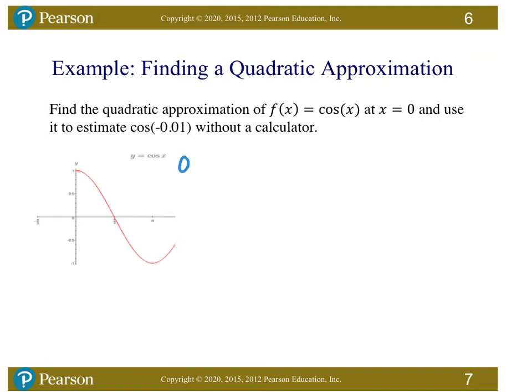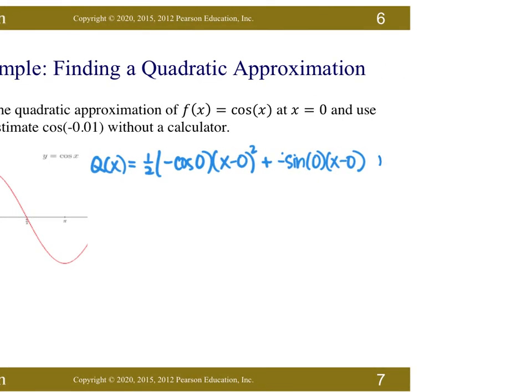So our quadratic approximation is going to be 1/2, and the second derivative of cosine is negative cosine of 0 times x minus 0 quantity squared, plus the first derivative, so negative sine of 0 times x minus 0 to the first, and then plus the original value, cosine 0.